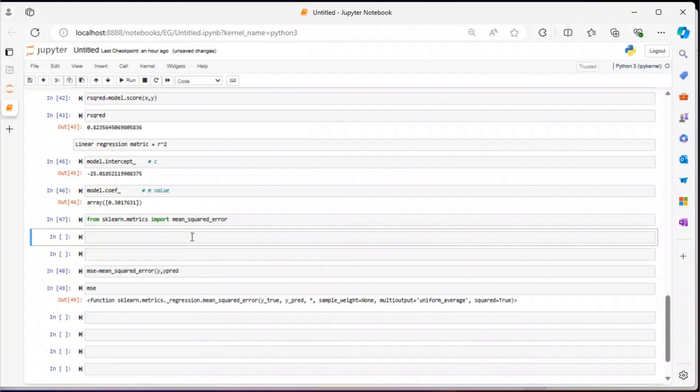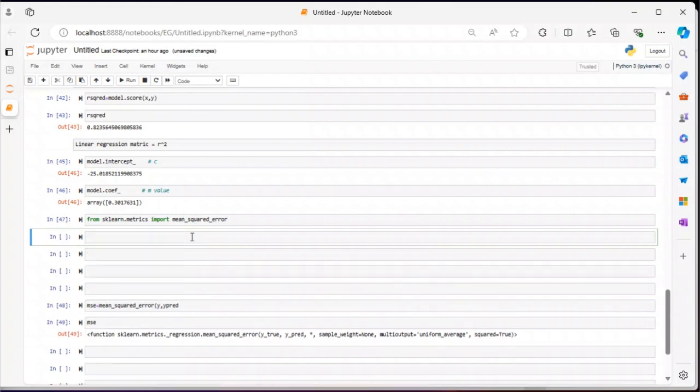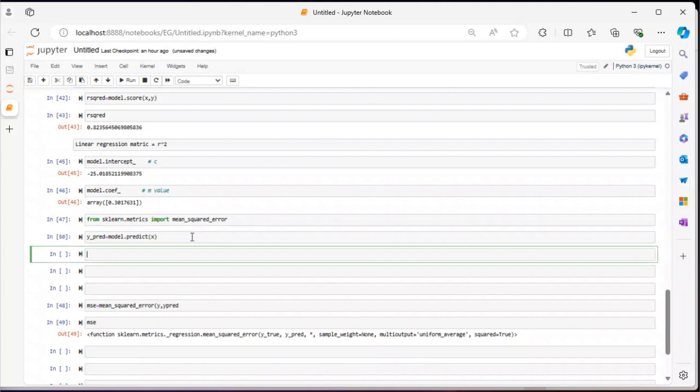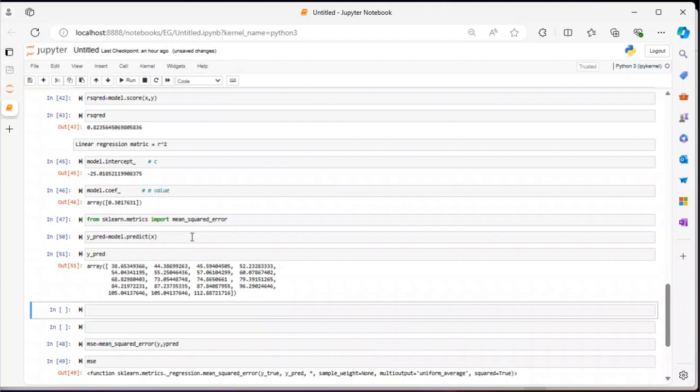Before this, we have to calculate y predicted. So y underscore predicted equal to model dot predict of x. For each and every x, we need to predict the values. So we got y predicted.